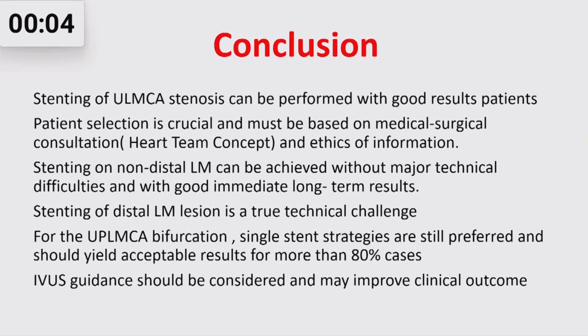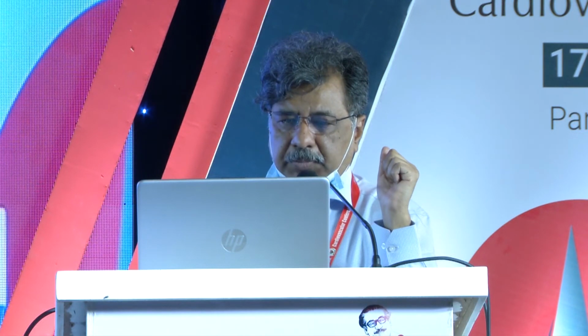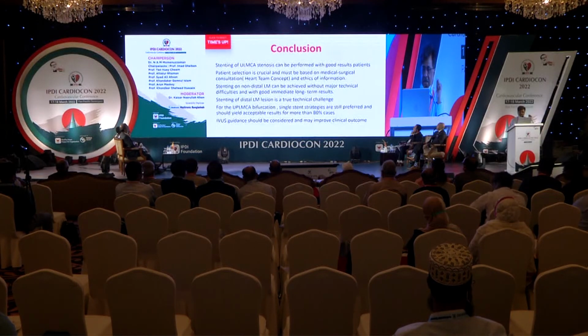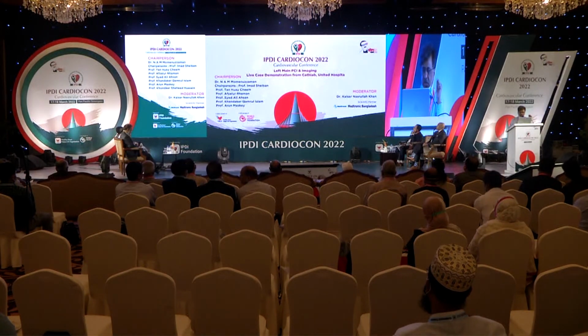Stenting of the distal left main can be achieved without major technical difficulties, with a good immediate and long-term result. Stenting of the distal bifurcation is truly challenging. For the ostial left main, single stents are still preferred and should yield acceptable results in 80% of cases. IVUS guidance should be considered and may improve the clinical outcome.